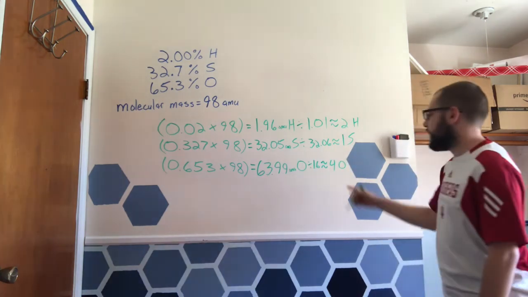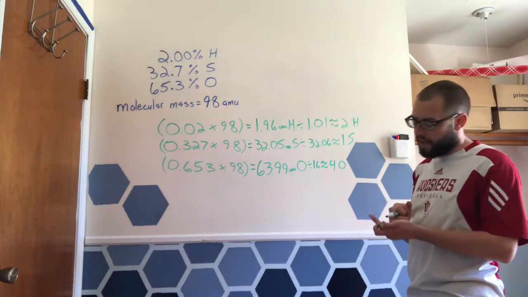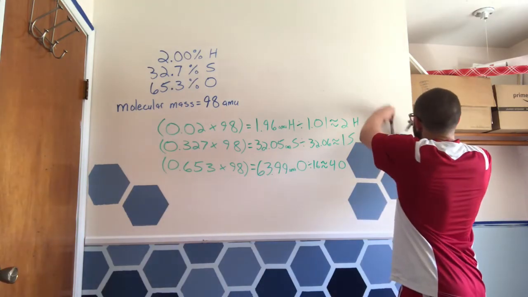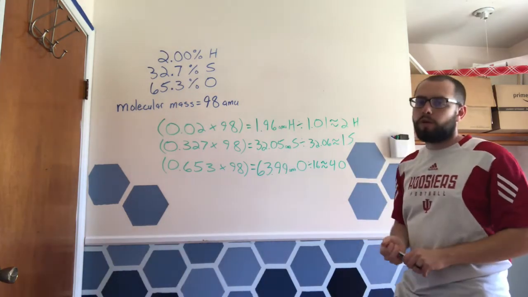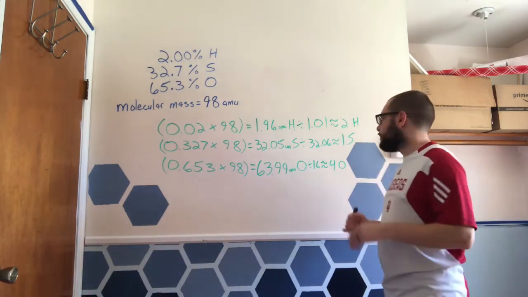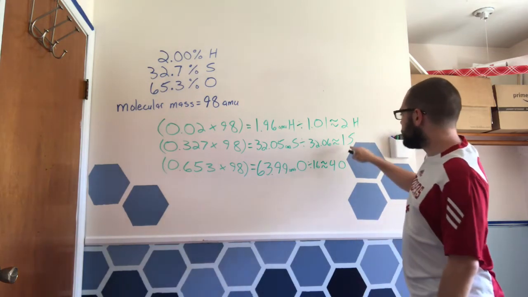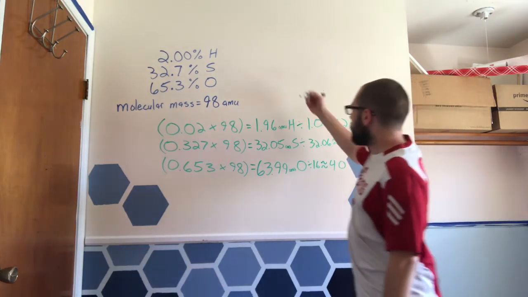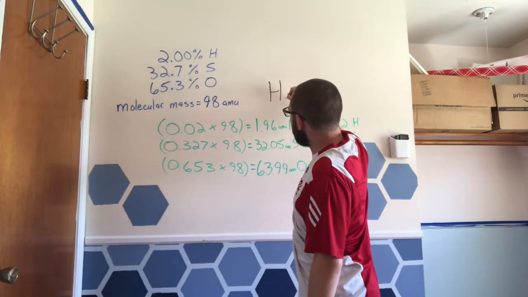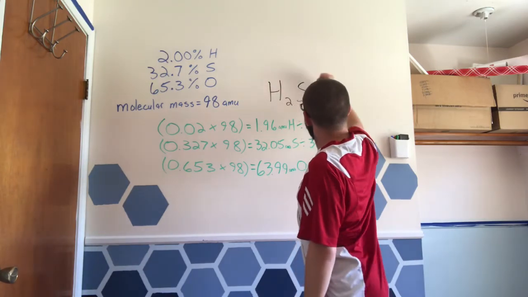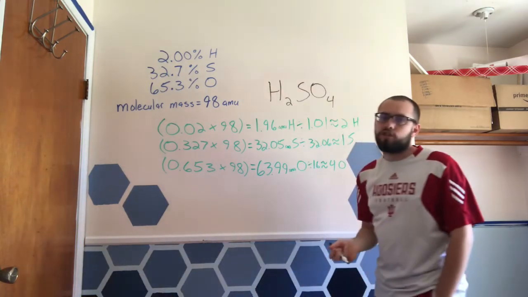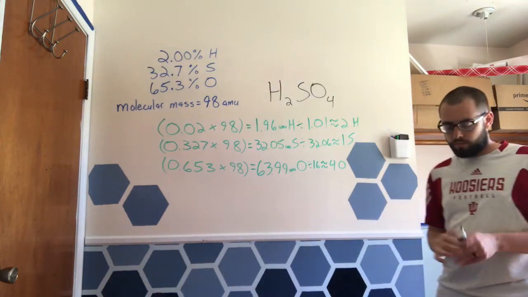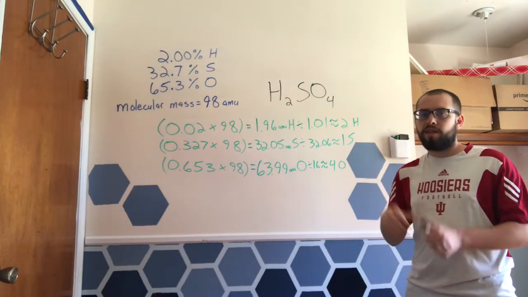I'm going to have 4 oxygen atoms. So my molecular formula for this compound will have 2 hydrogens, 1 sulfur, and 4 oxygens. If I write that out, H2SO4.